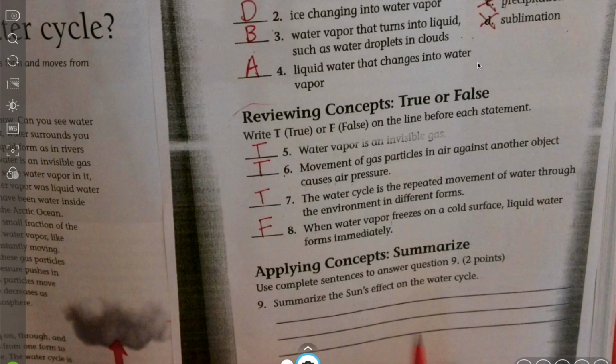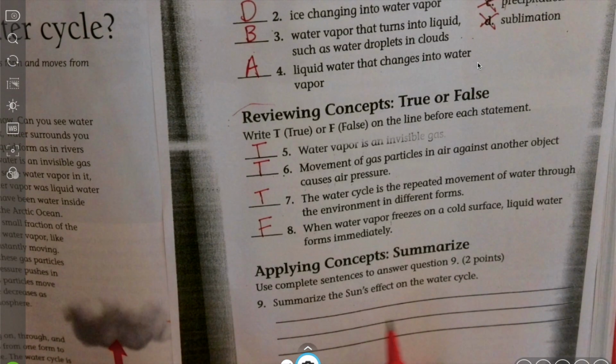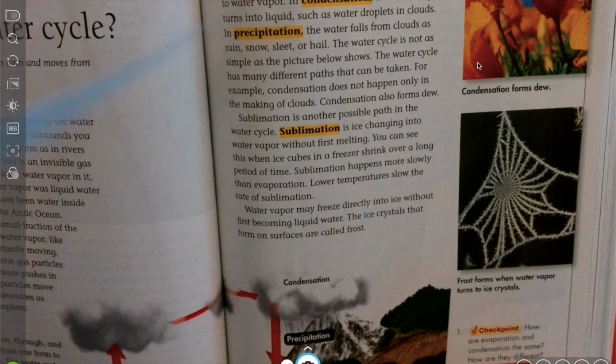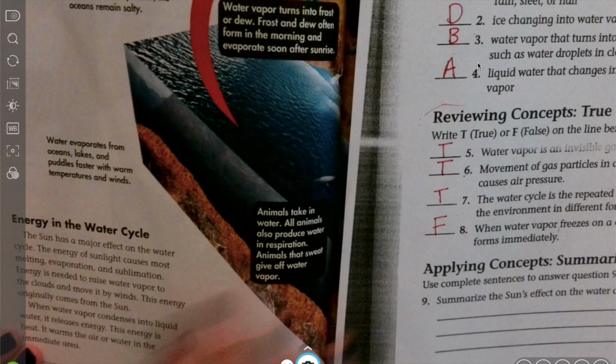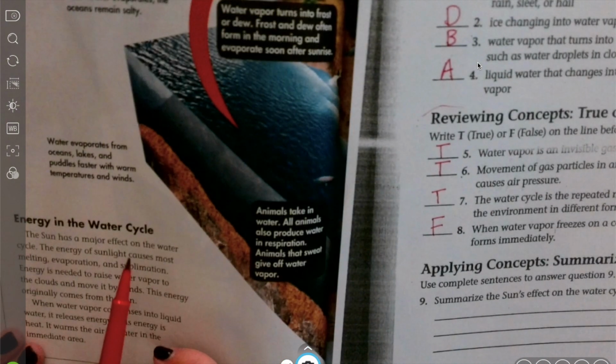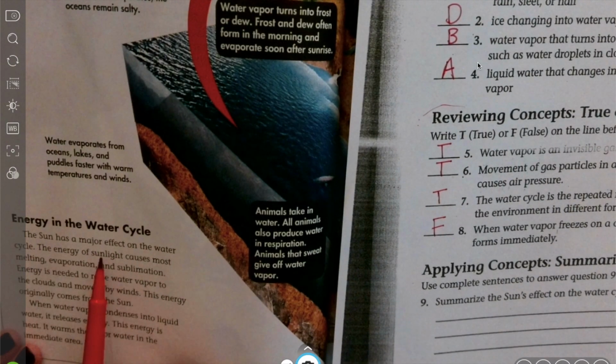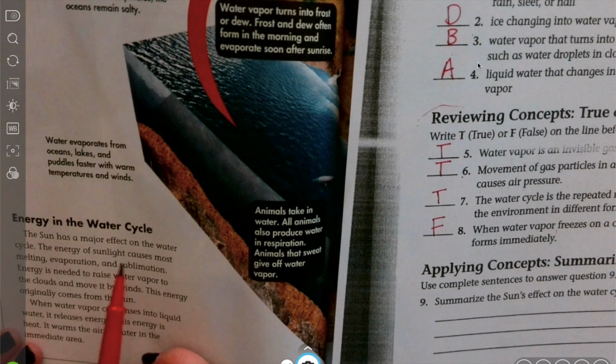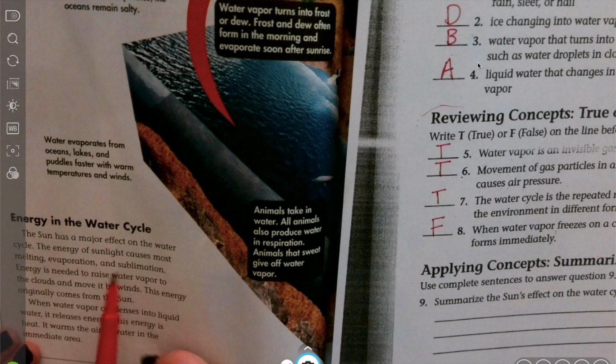All right, this last question, it says, summarize the sun's effect on the water cycle. So there's two parts to this. The sun has a major effect on the water cycle. One, because the energy of sunlight causes most melting, evaporation, and sublimation.